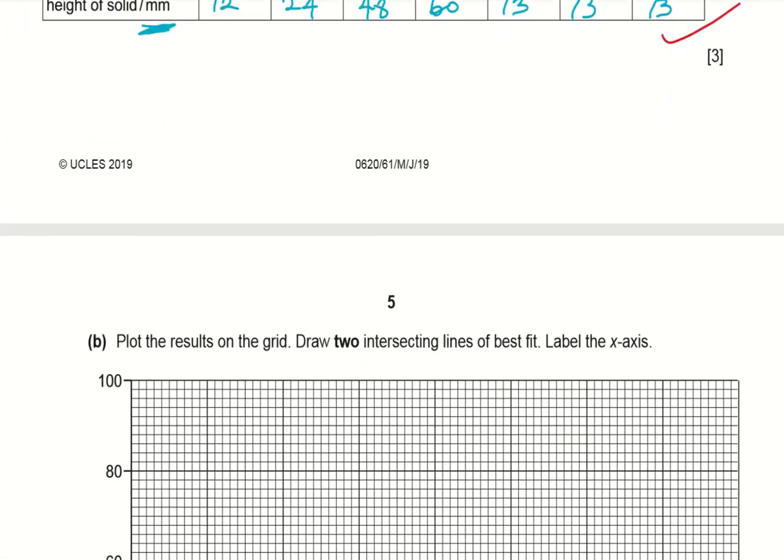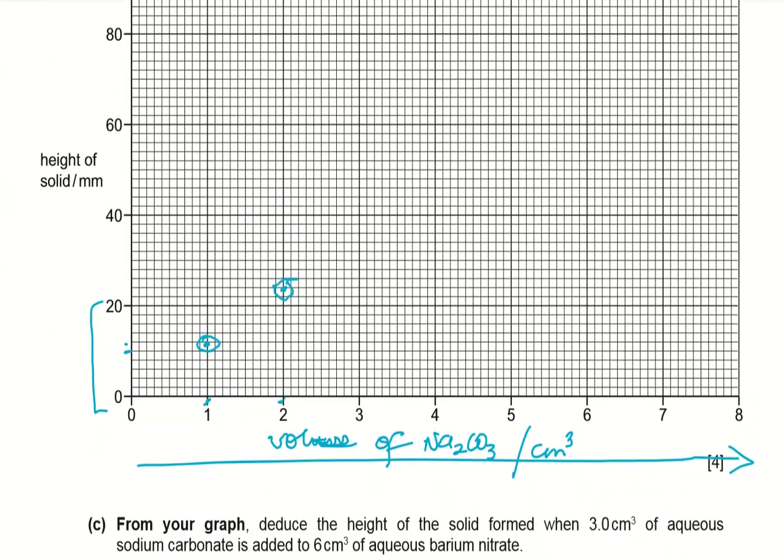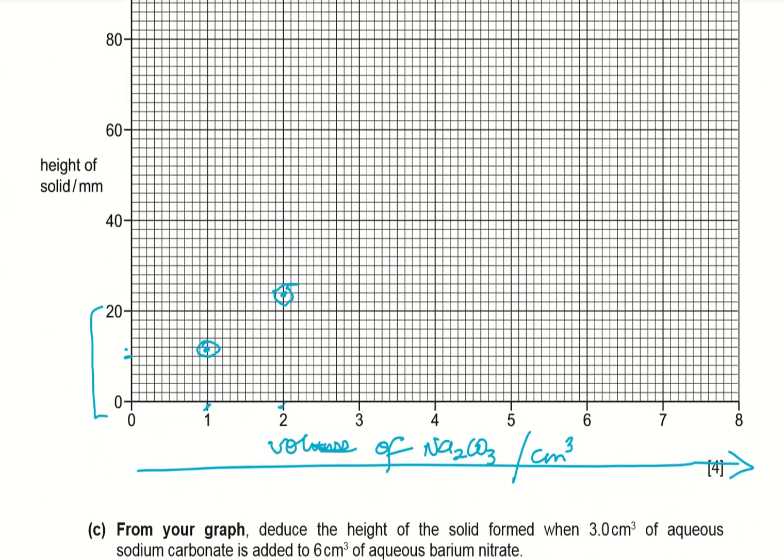For 4 centimeter cube, you have 48 millimeter height of the precipitate formed. So this is where 40 is. Then 48 should be 1 2 2 3 4. This should be 48.